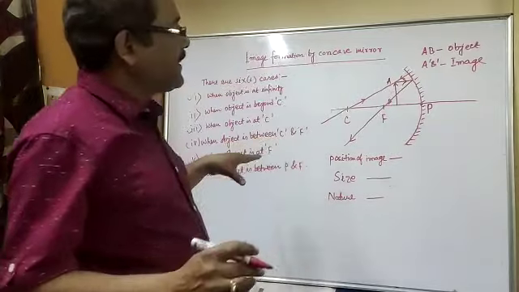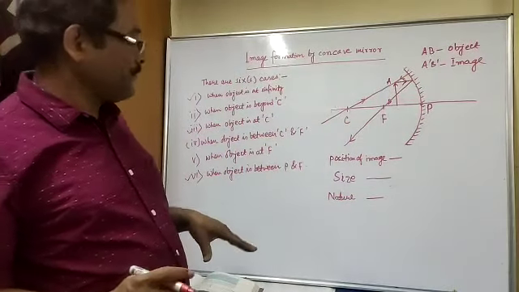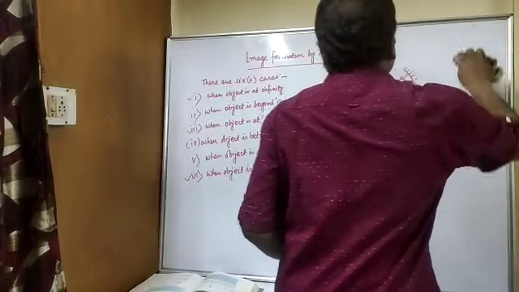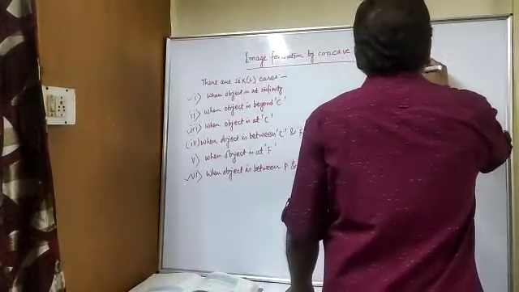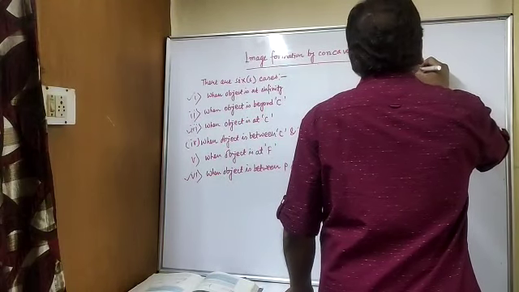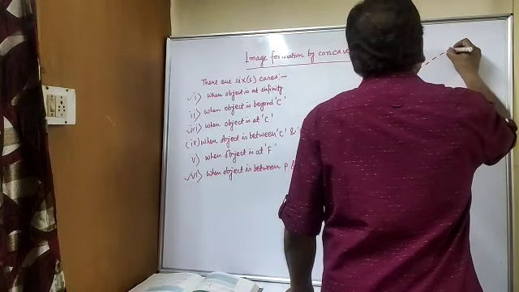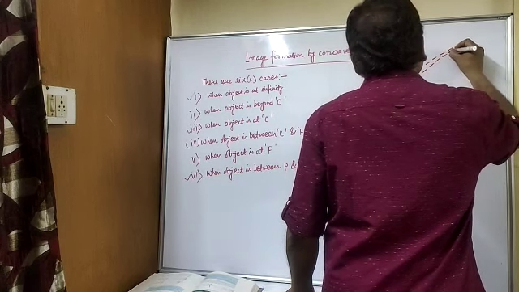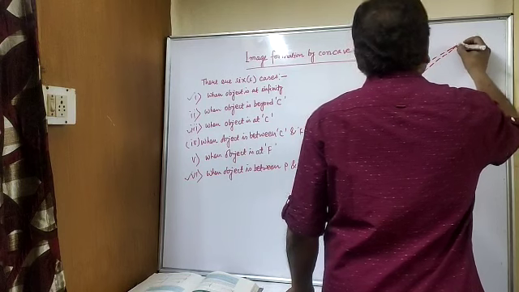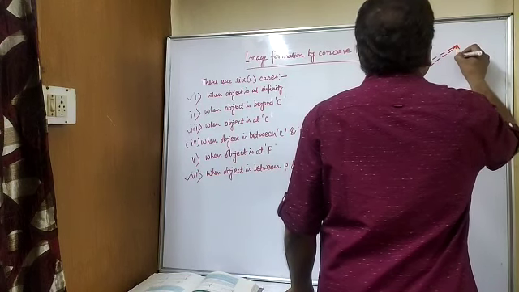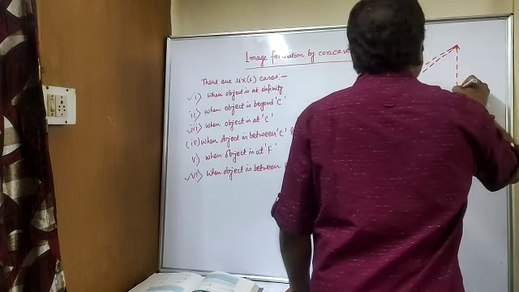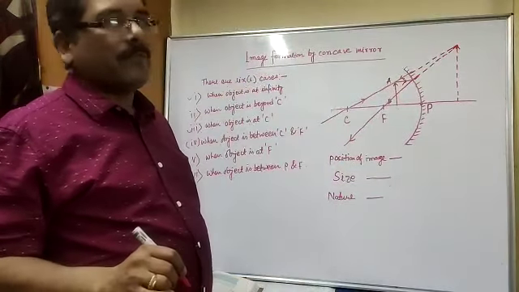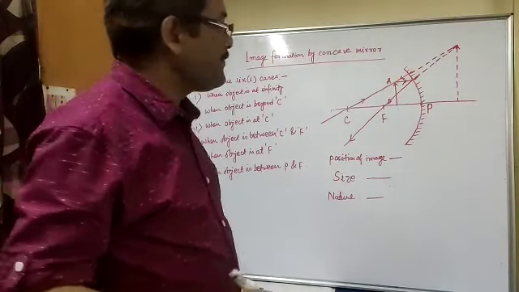Now the two reflected rays are not meeting at a point here, isn't it? So in this case, we will extend the rays virtually behind the mirror. If you extend these two reflected rays, virtually they will meet behind the mirror, and you will find that a magnified virtual erect image will be formed behind the mirror.